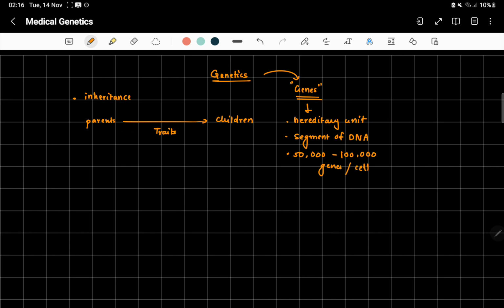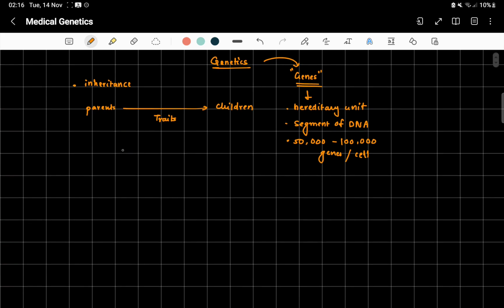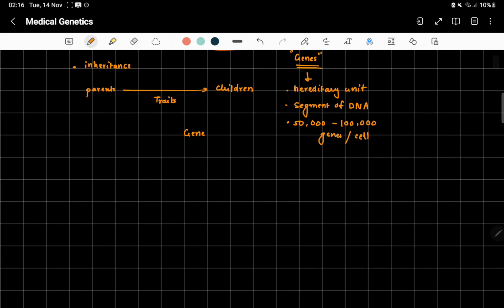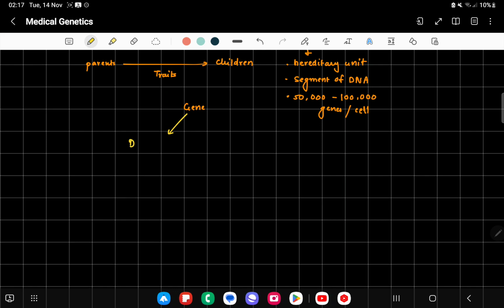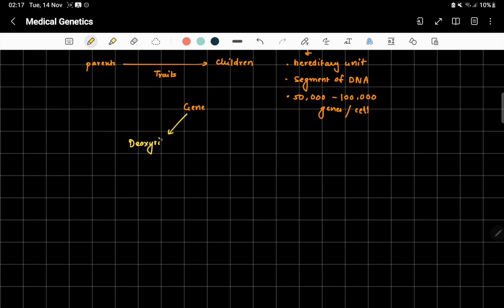Each gene has 3 components: one is deoxyribose sugar, your nitrogenous base, and your phosphate group.